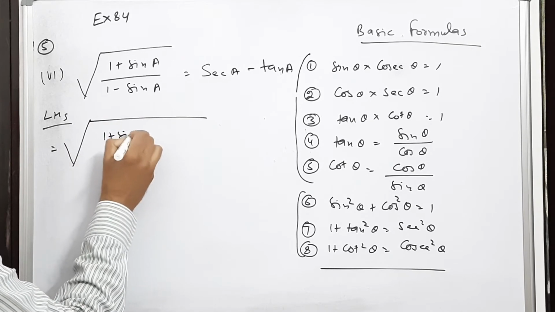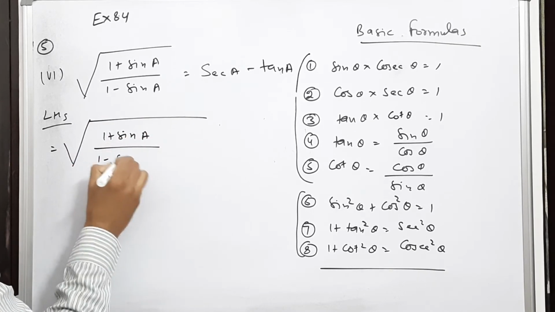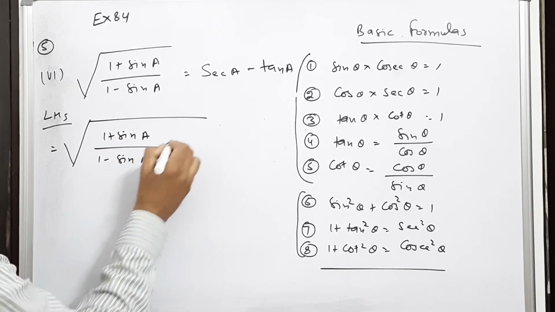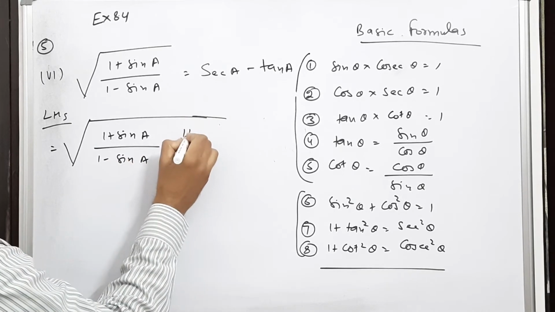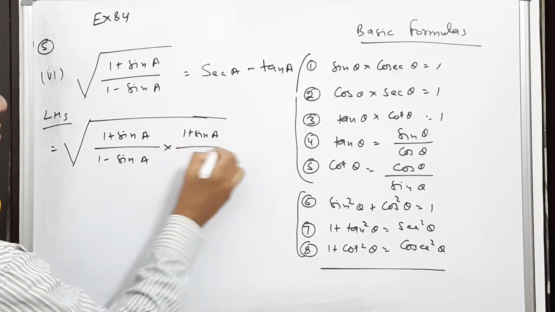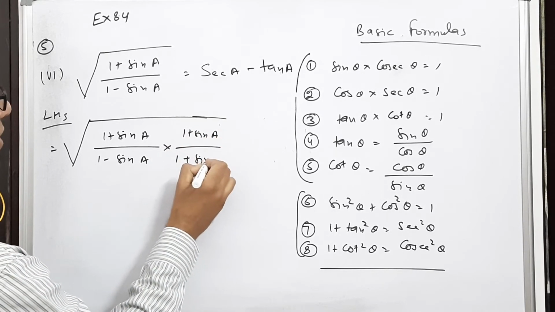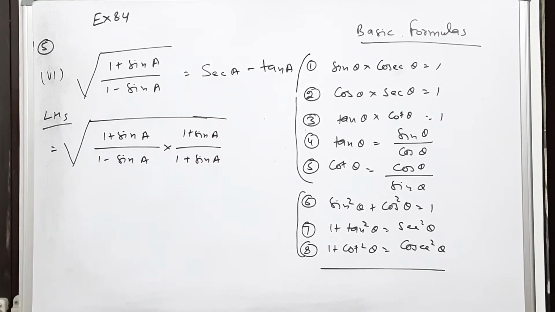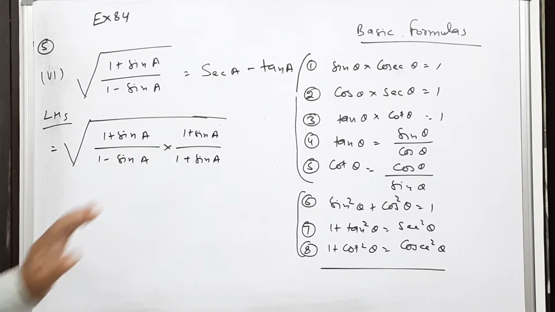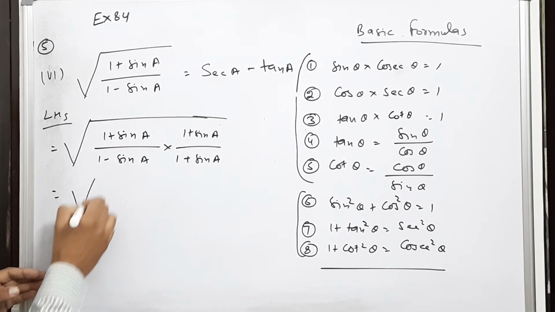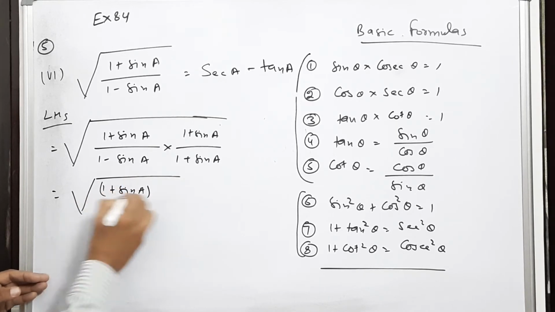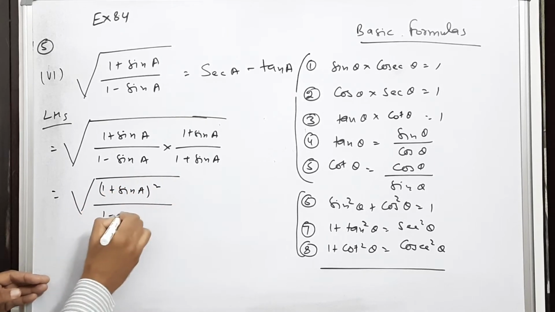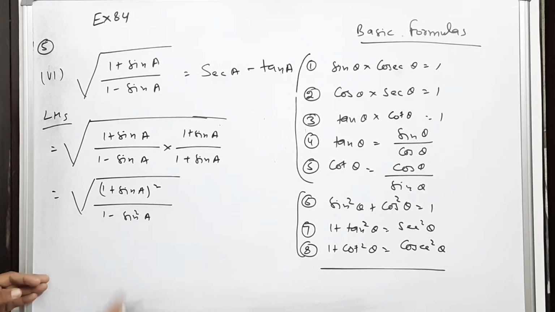See, 1 plus sin A upon 1 minus sin A. So we have to rationalize, that is, if it is a minus sign, we will multiply with the plus sign. This is a standard method for these types of sums. Now, you see the numerator. The numerator is 1 plus sin A whole square, and 1 minus sin square.